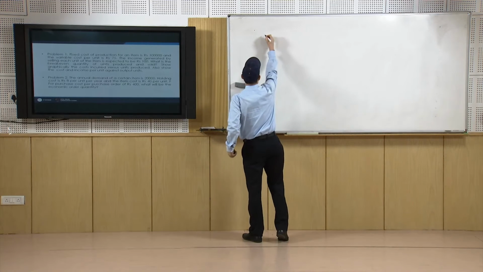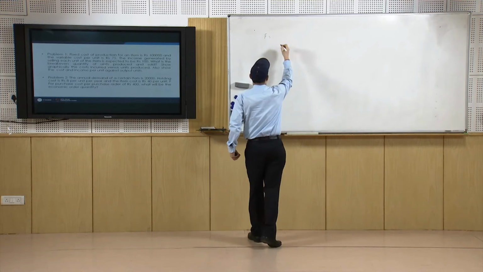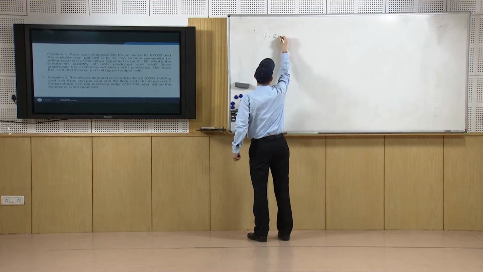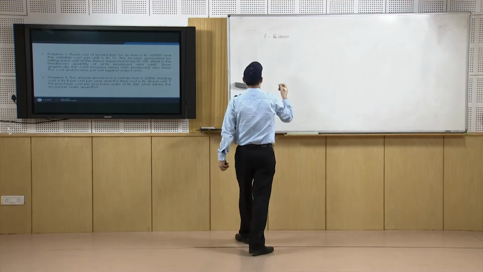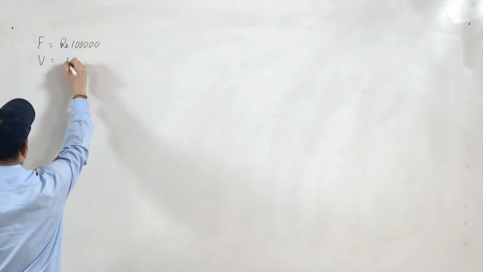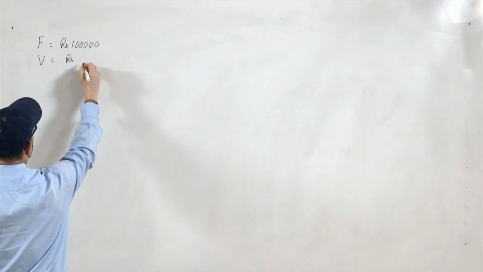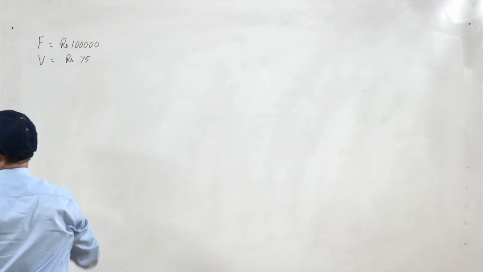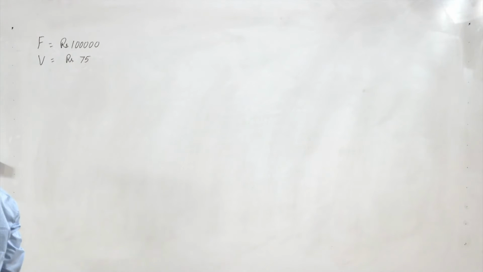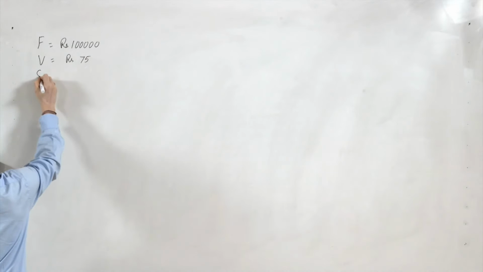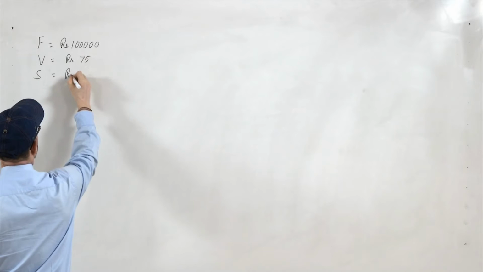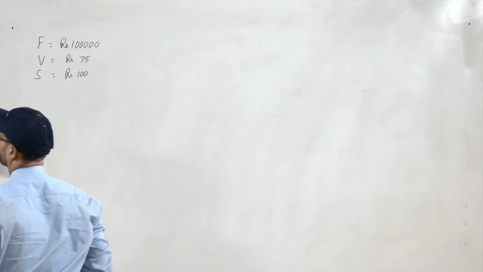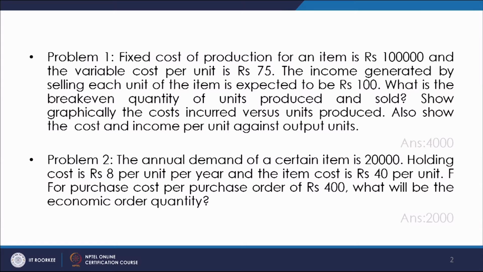The given quantities are fixed cost as rupees 1 lakh, the variable cost per unit, that is V, is given as rupees 75. The income generated by selling each unit, that is selling cost, that is given as rupees 100. So, we have to find the break even quantity.